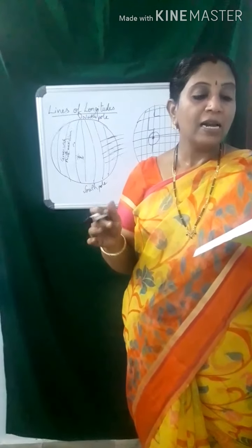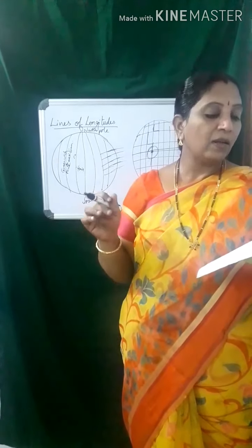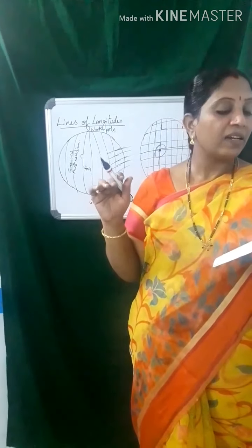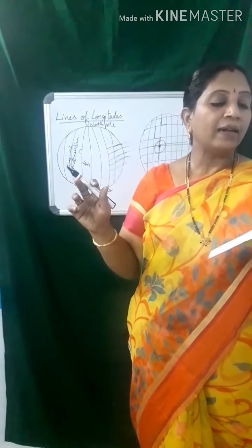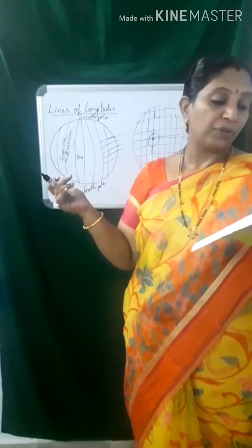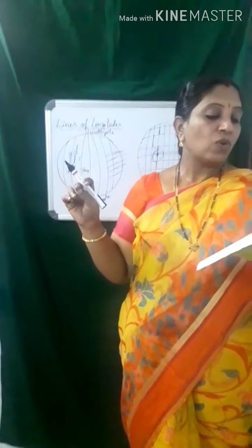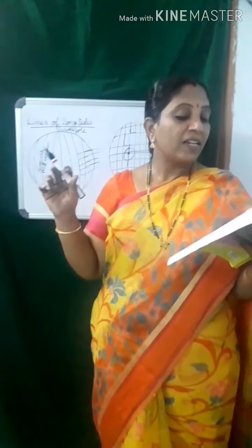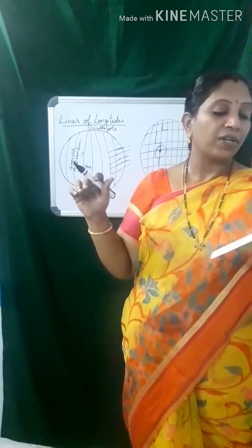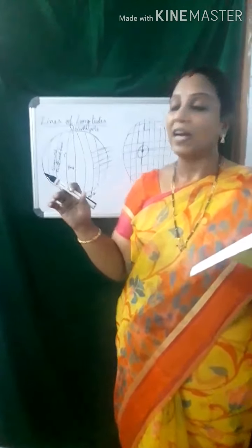For example, London is located at the point where 51.5 degrees north latitude and 0.05 degrees west longitude meet. So, 51.5 degrees north latitude and 0.05 degrees west longitude are the coordinates of London.